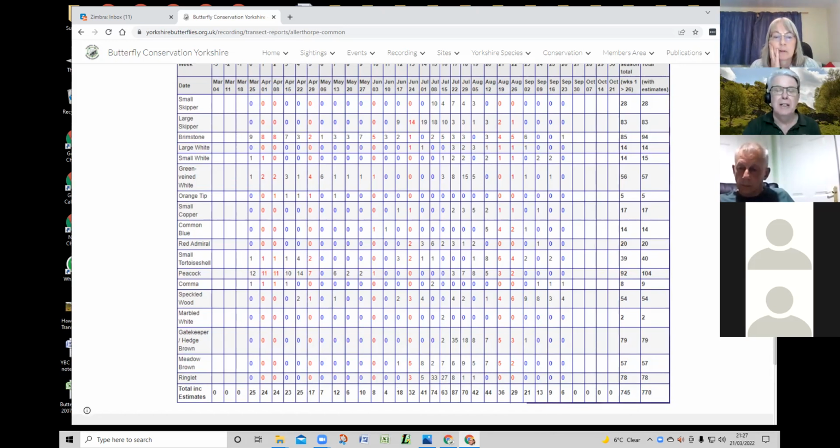Okay, yes. So the British Trust for Ornithology and Butterfly Conservation, WCBS is a joint scheme. We don't see the figures from the BTO, but they all come together at head office. There's roughly twice as many BTO surveyors as there are butterfly surveyors.